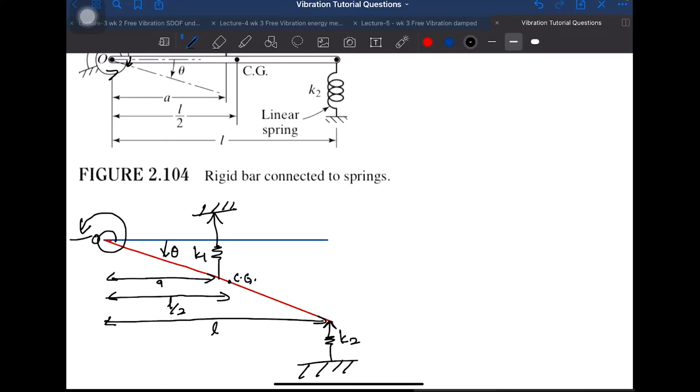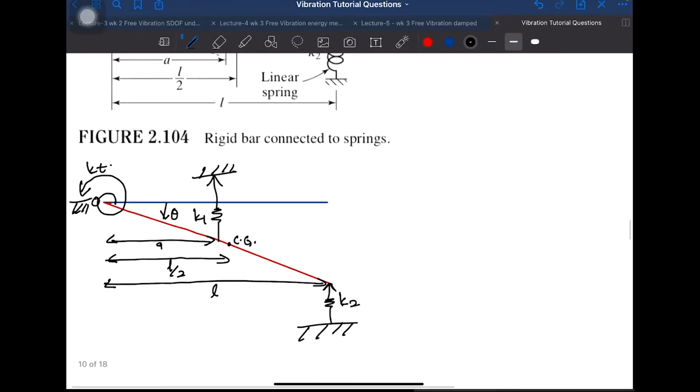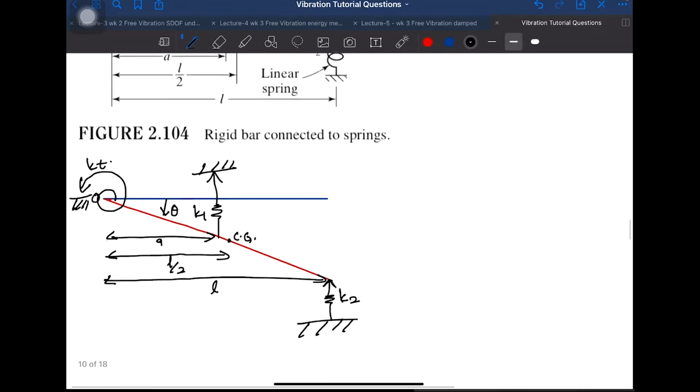This is KT. So basically KT pushes the bar back to the original position in the opposite direction that the bar is moving. So I already completed my schematic, and then I'm going to take out all the forces in this diagram.